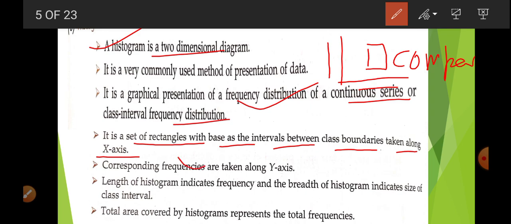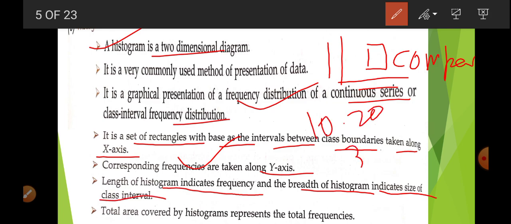Now, the length of the histogram indicates frequency, and the breadth of the histogram indicates the size of the class interval, that is, 10 to 20, 20 to 30. So this you are going to represent on the OX axis.